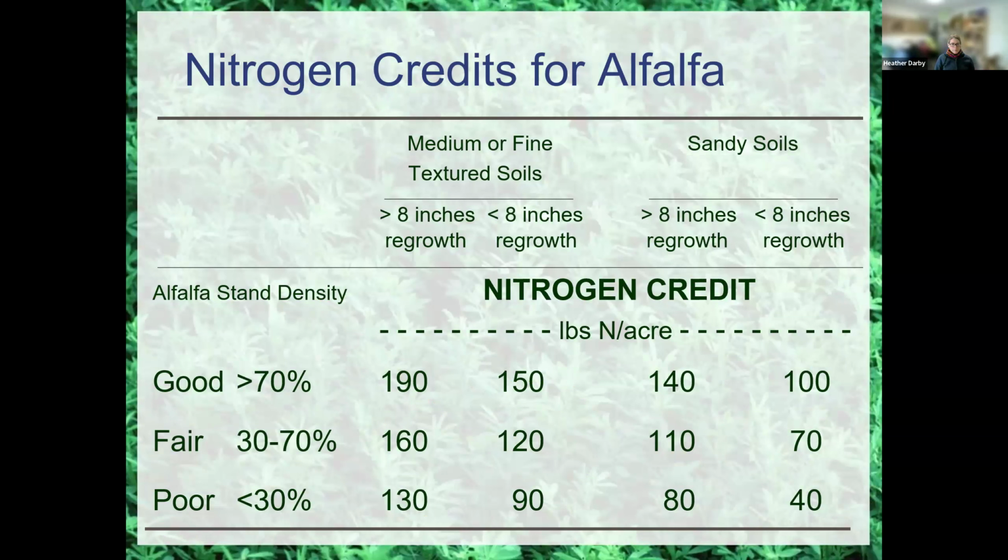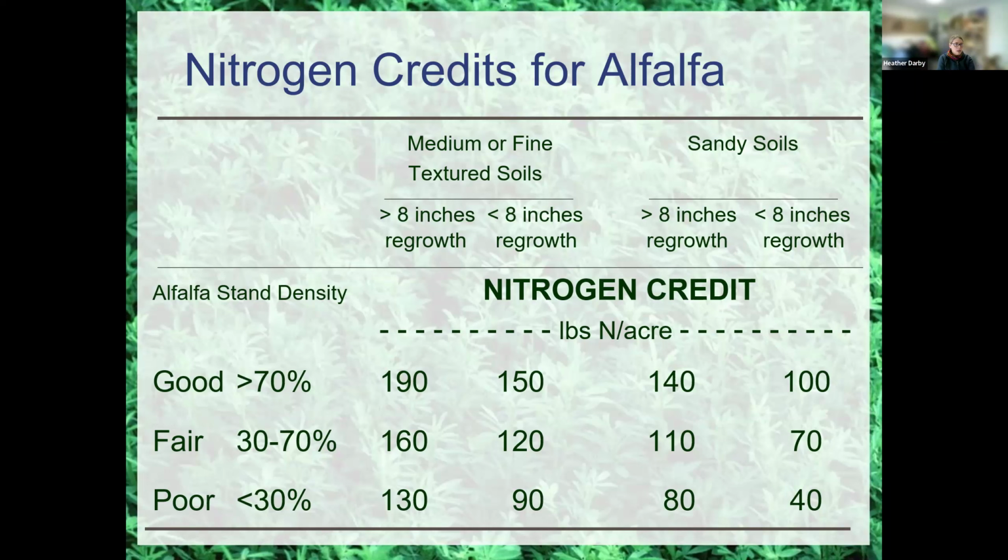nitrogen. We don't generally have a lot of 100% stands of alfalfa, but if we did, you can see the amount of nitrogen credit that one can get from a good stand of alfalfa that's plowed under, decomposes, and becomes available to the subsequent crop.